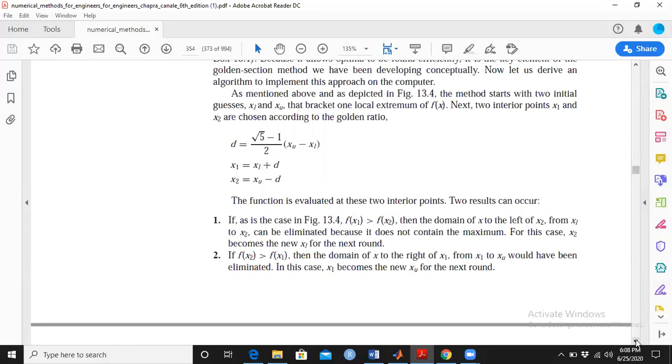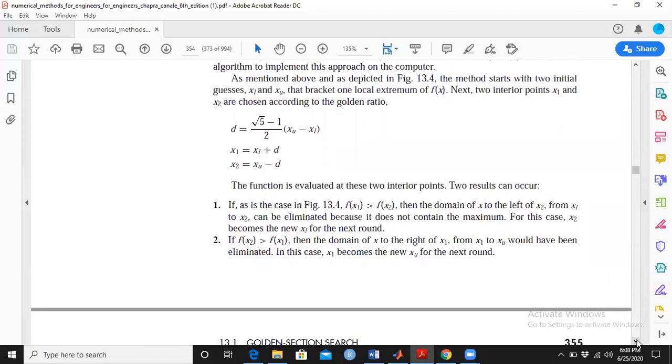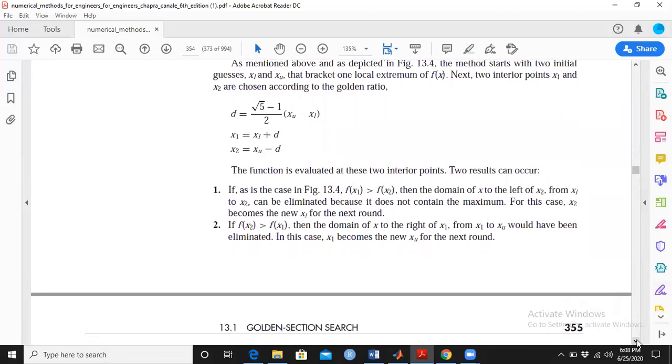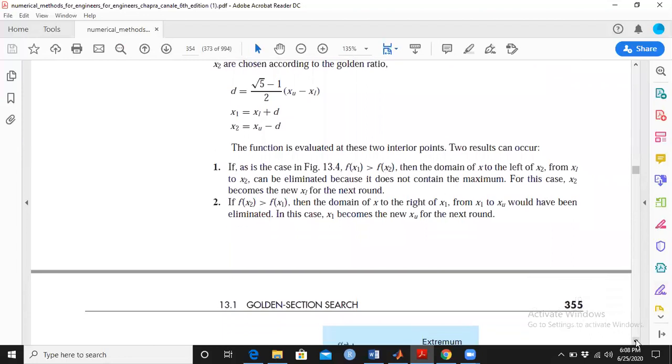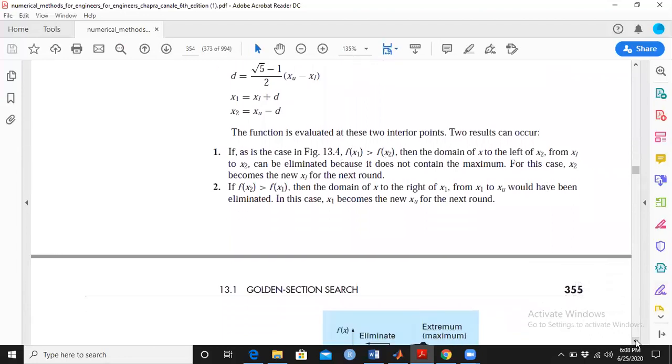Just like we do the bracketing, we will keep on breaking the subintervals into further subintervals, and the process will be based on the following key points. If f of x1 is greater than f of x2, then the domain of x to the left of x2, from xl to x2, can be eliminated because it does not contain the maximum.